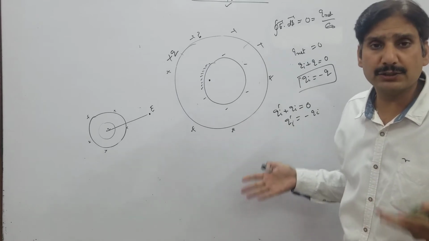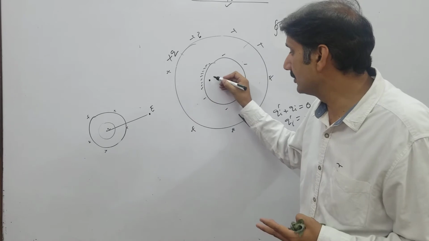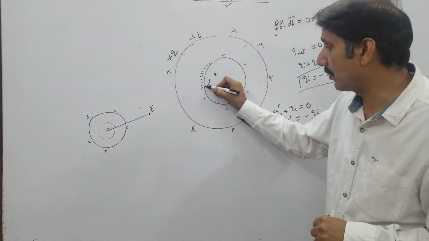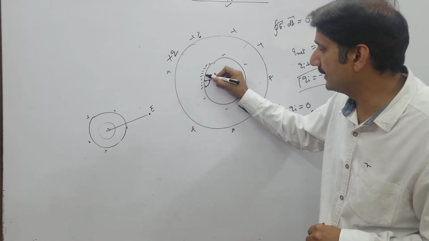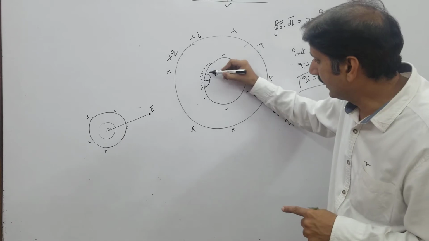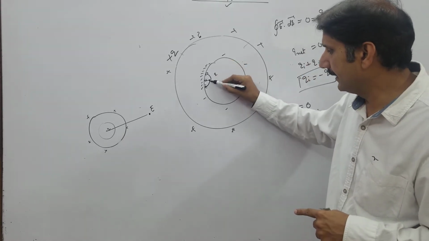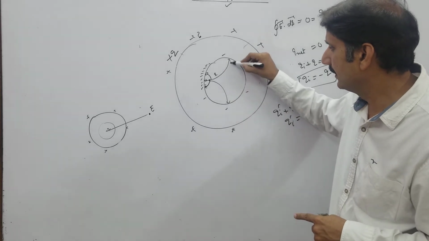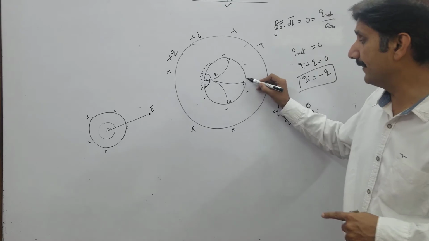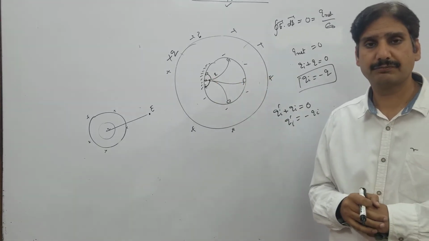The induced effects obviously would be higher on the surface which is closer to the given charge plus q. So the electric field in this region would be stronger, and you know electric lines always hit the metallic surface perpendicularly, so they remain perpendicular like this. But the electric field would be weaker in this region than in this region.